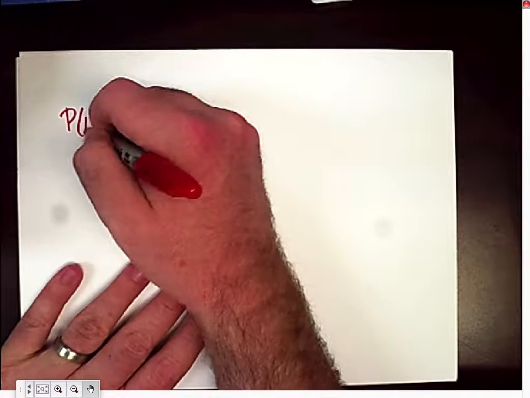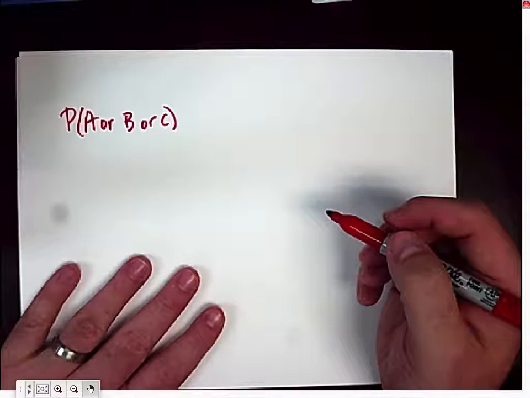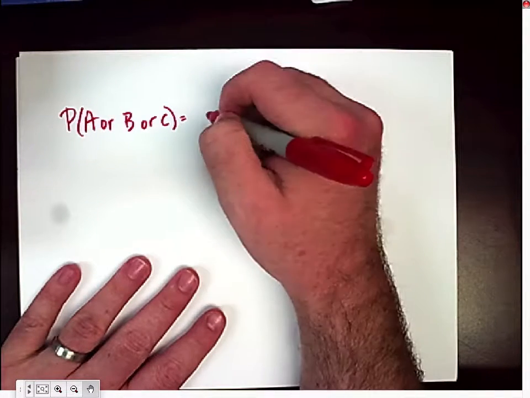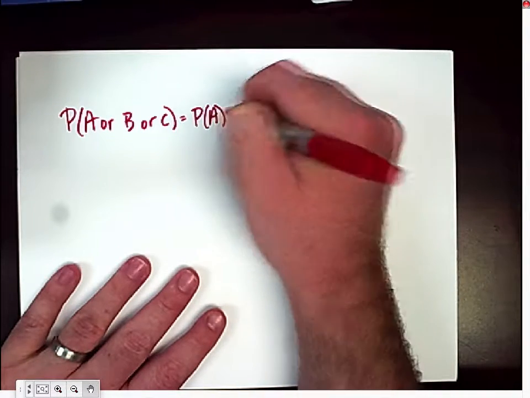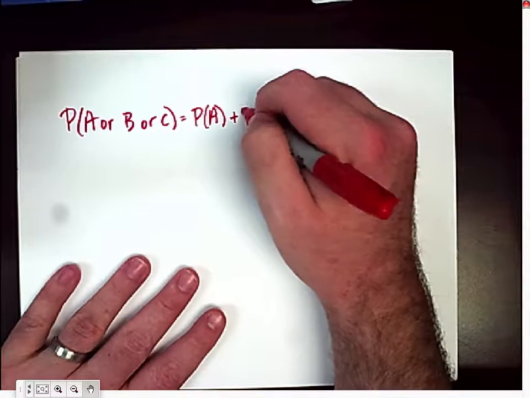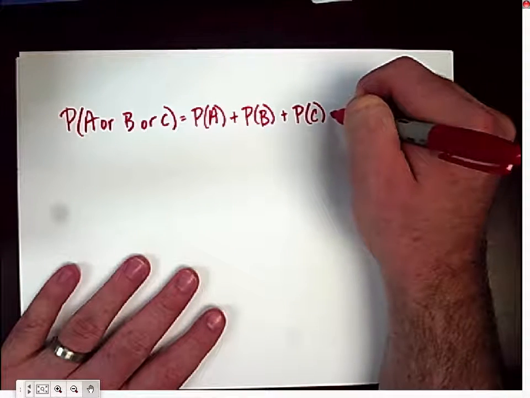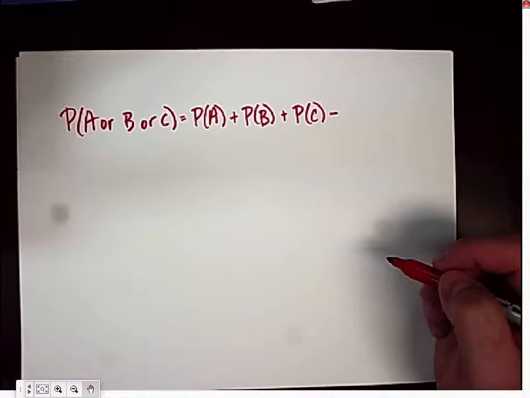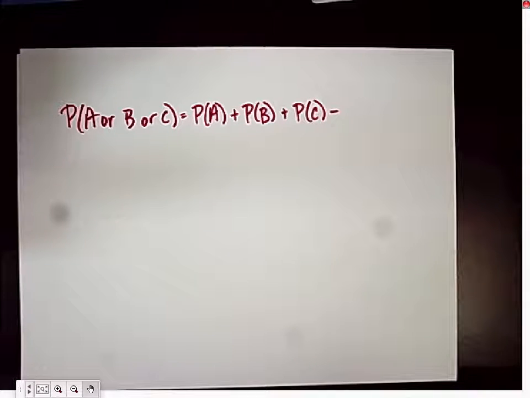If I wanted the probability of A or B or C, it is probability of A plus the probability of B plus the probability of C minus, now you only have to do minus if they're not mutually exclusive, right? If you're mutually exclusive, you didn't count anything twice, right?